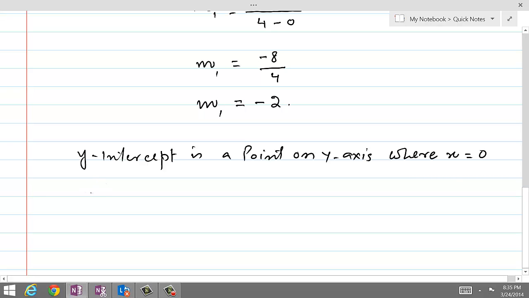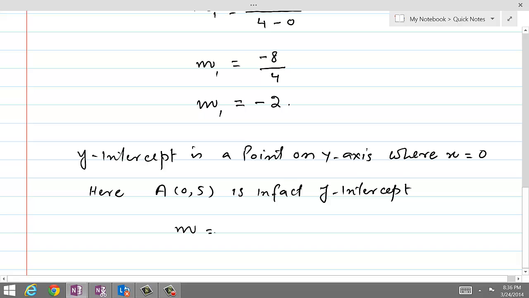So here A with coordinates 0, 5 is in fact the y-intercept. So the value of M is equal to minus 2, and some people may denote this y-intercept as the B value, but that's fine, whatever letters you use to represent y-intercept.